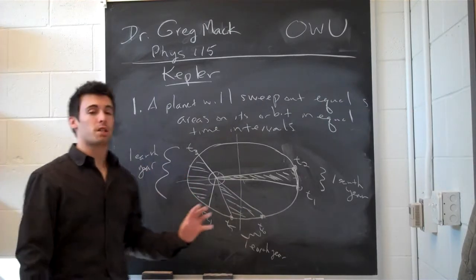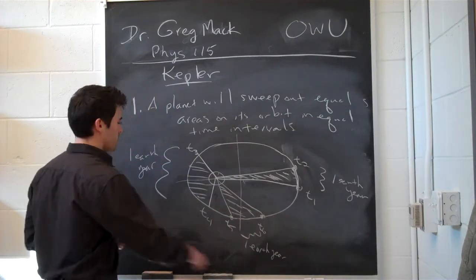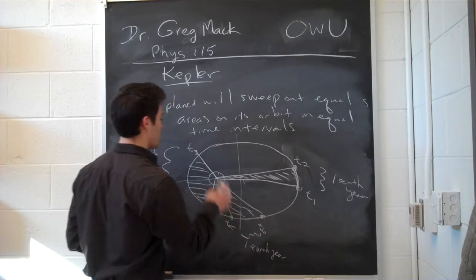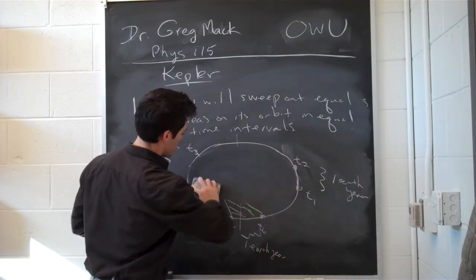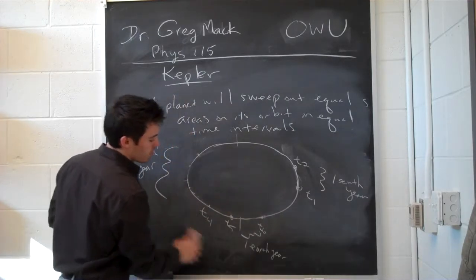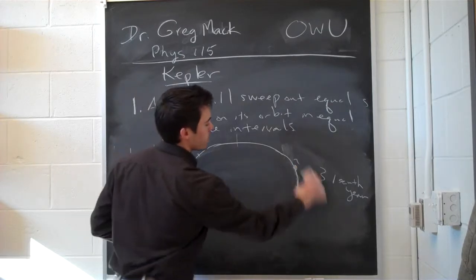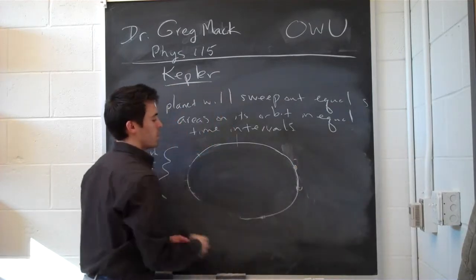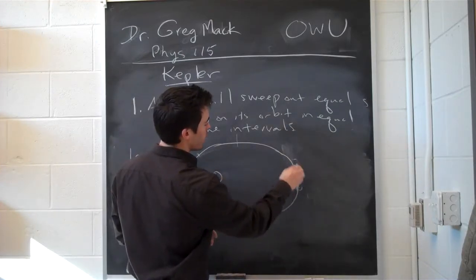And we can look at this by analyzing how the force is acting on the planet in question. So, put the sun back where it's supposed to be, we have a planet over here.